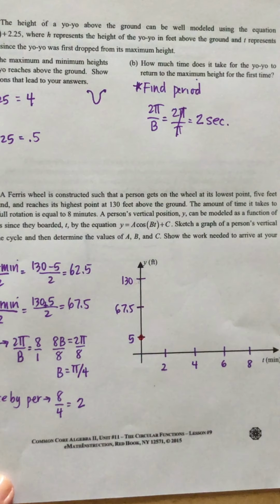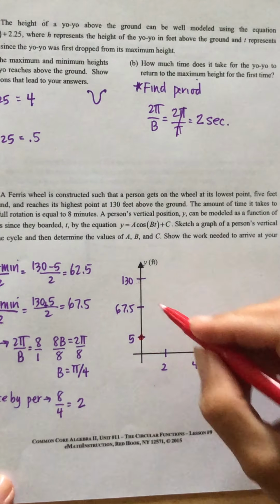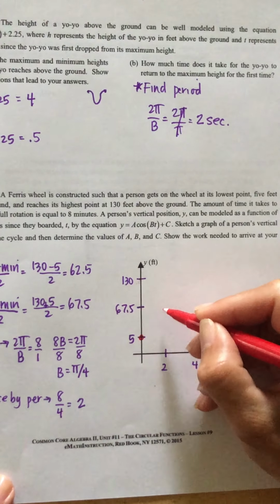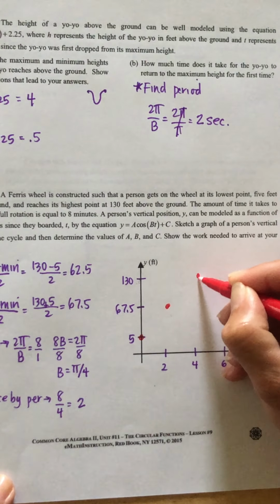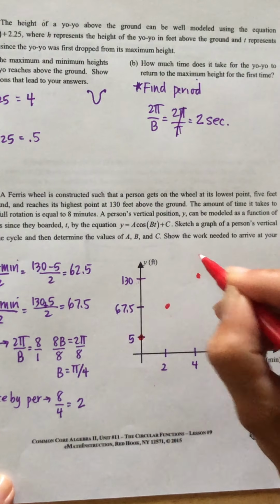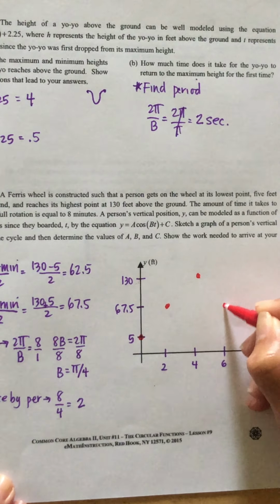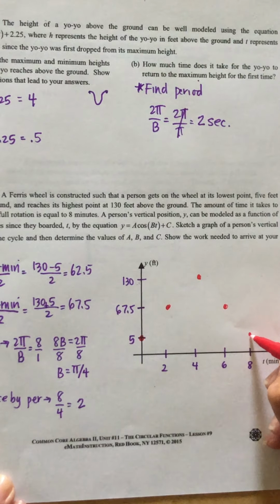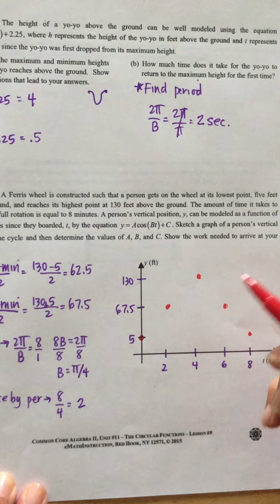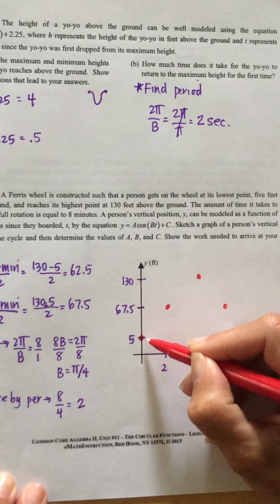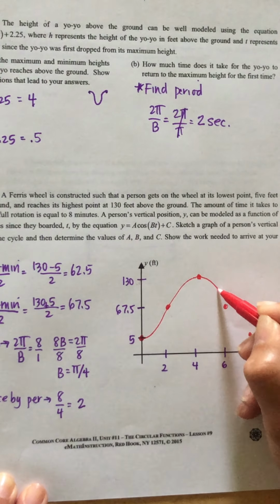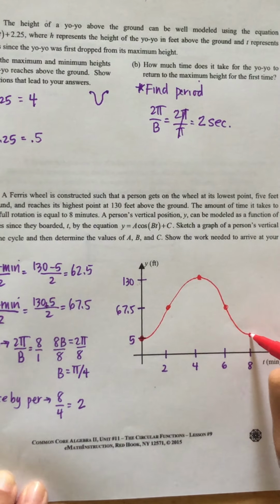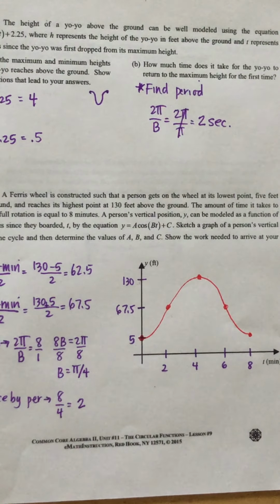We get on the Ferris wheel, and then remember with the cosine curve, we go up to our midline. And now we're going to get up to our max. Halfway around, I'm up at my max, back down to my midline, back down to my min value. The reason why I started down here is they said you get on at the bottom. So here's the representation of the path of that Ferris wheel.